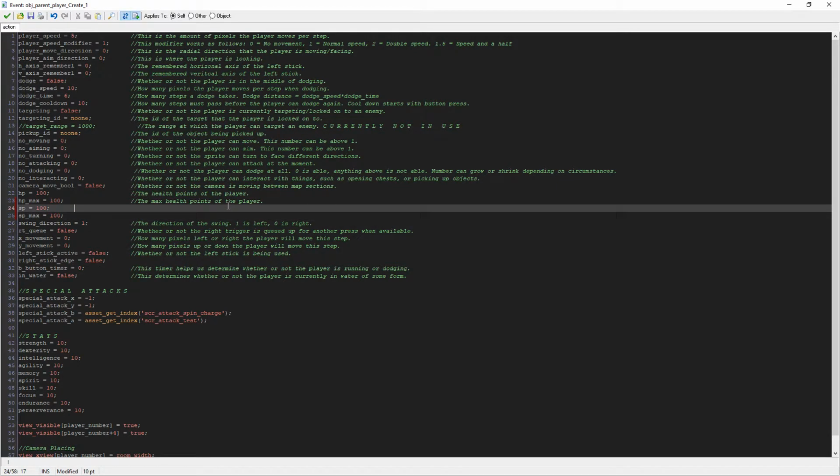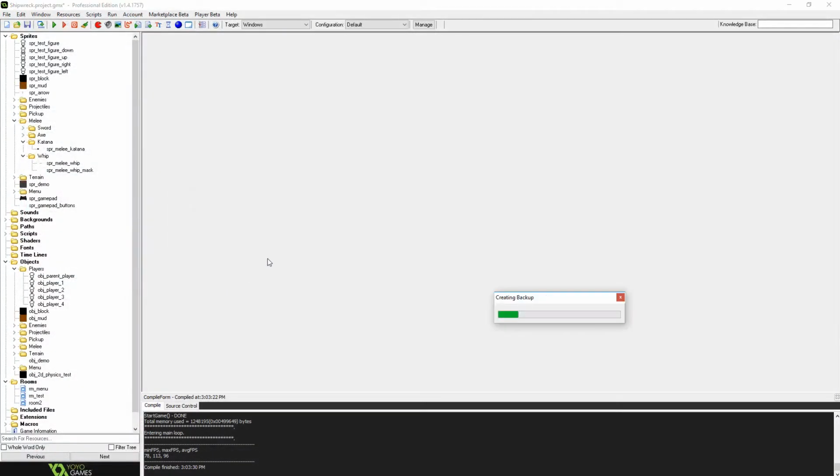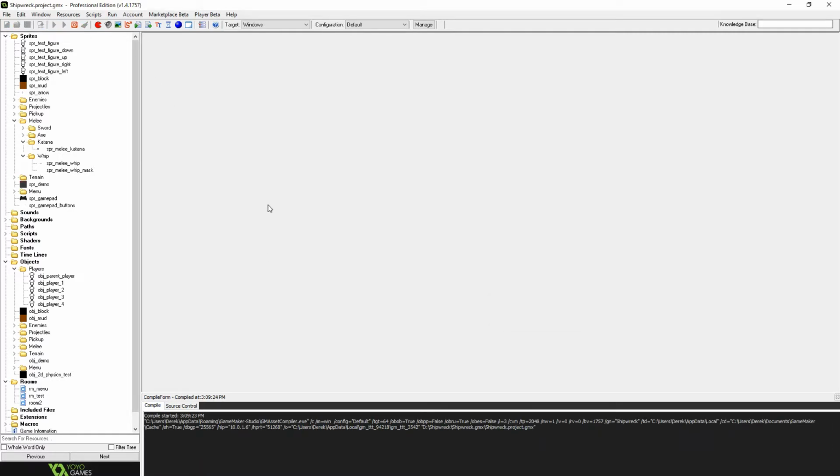Okay. The stamina points of the player, the max stamina points of the player. Okay, let's see how this looks.